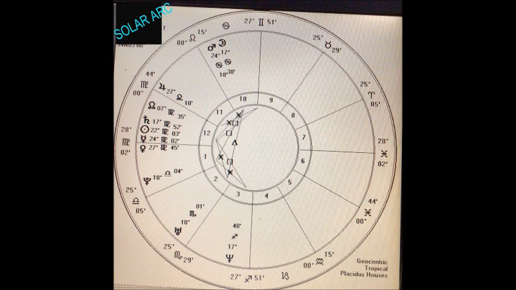The reason this person can take action in her career is because the moon is in dignity and in the highest angle, the 10th house. When I say angle, I'm talking about the angular houses, 1st, 4th, 7th, and 10th house. To me, those are the best houses.